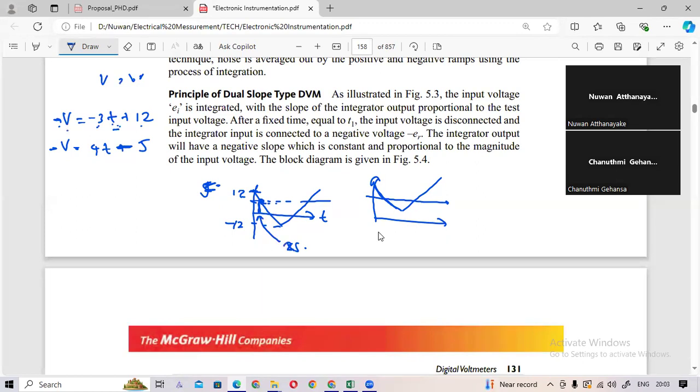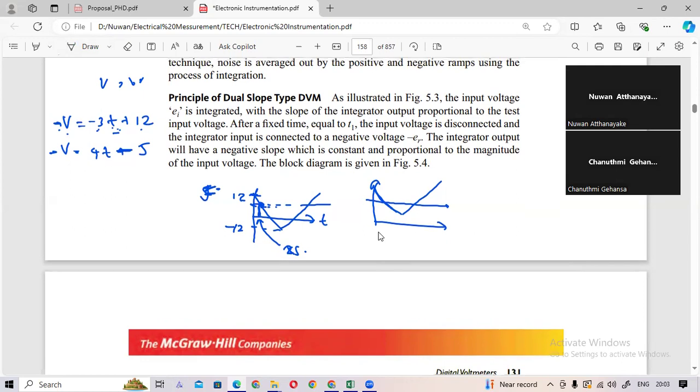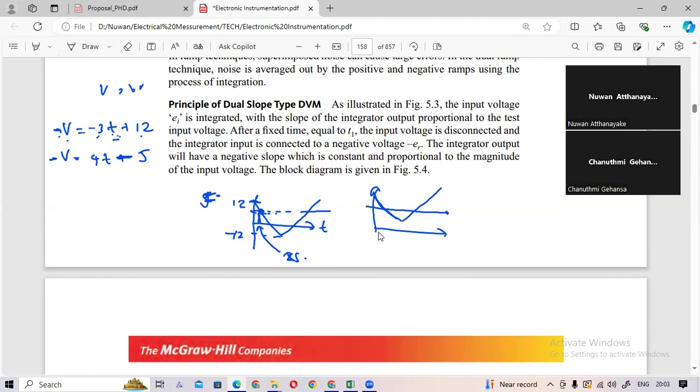Maybe I can give you the time duration from here to here. That duration is 3 seconds. Then how can you calculate?